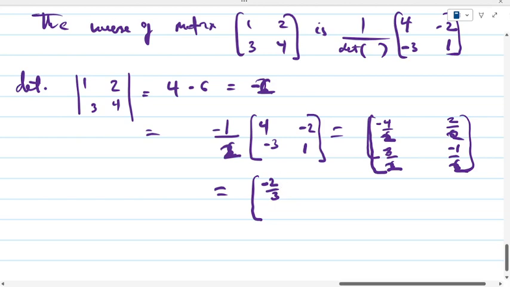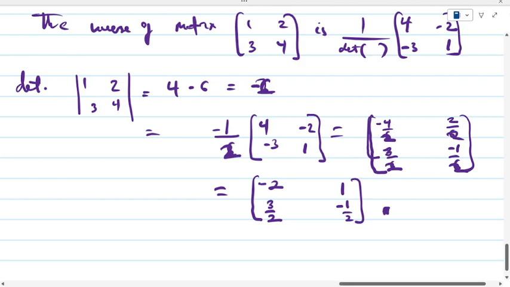So we have minus 2, 1, 3 over 2, and then minus 1 over 2.